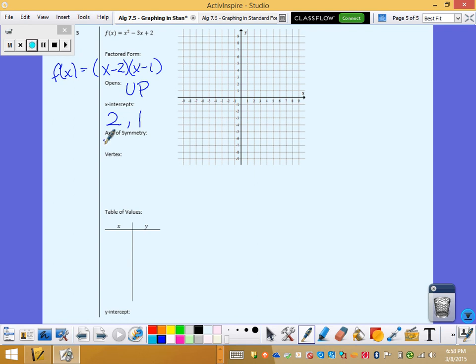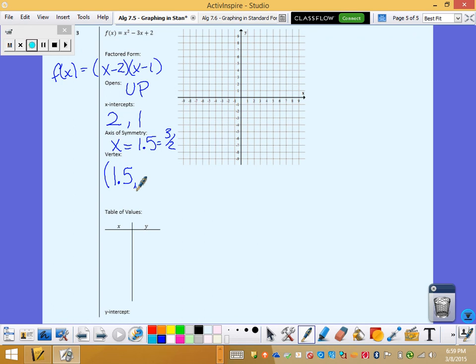Okay, my axis of symmetry. If I average out 2 plus 1 and divide by 2, I'm going to get 1.5 or 3/2, however you want to write that. So plugging in for my vertex point, I'll get x equals 1.5. I'm going to go through this quickly now because you've already done it.